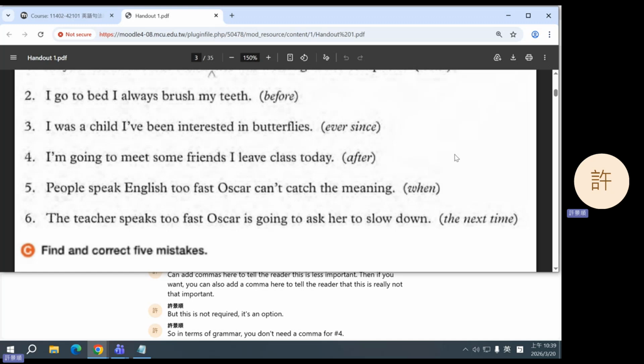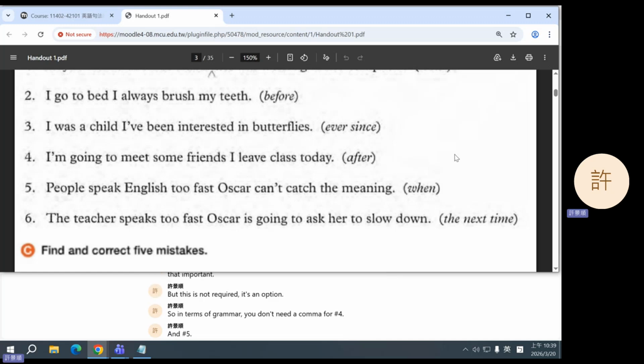And number 5. Here? Not here. Number 5. Okay, can you say that again?